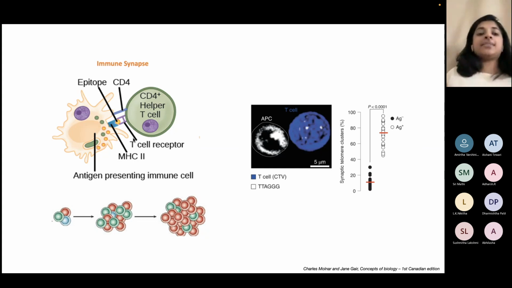This MHC has peptides that are specific to the pathogen and can form a complex with a helper T cell. This complex formation is known as an immune synapse.